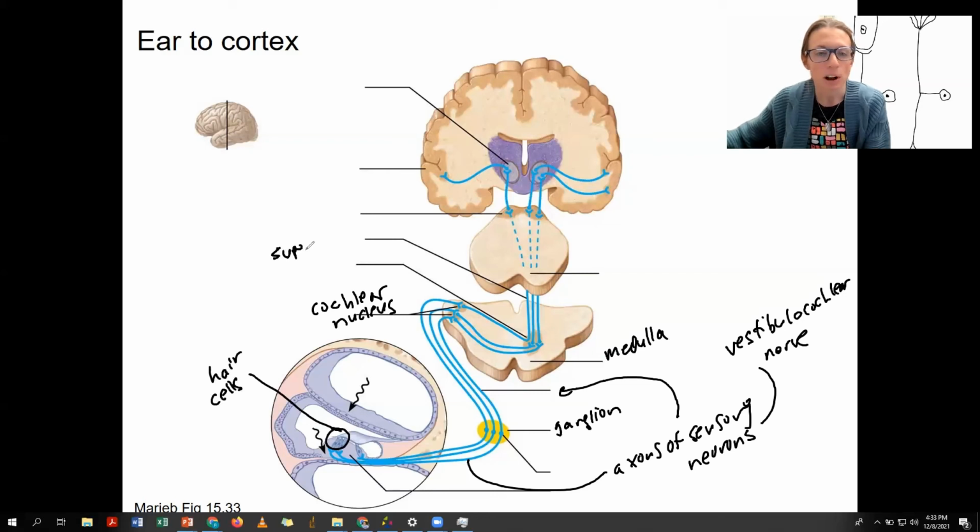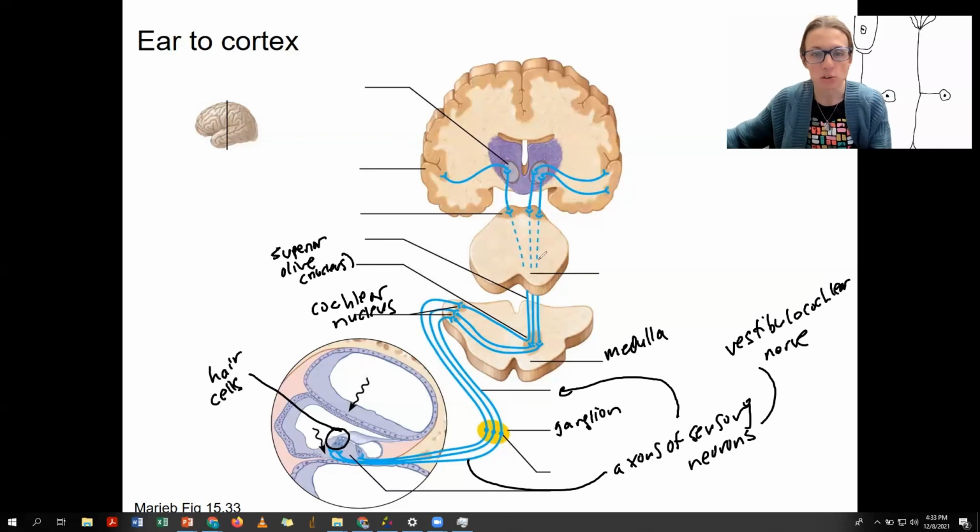This is the superior olive, another nucleus, olivary nucleus. This is right at the pons and medulla junction. So it actually is a little bit more superior than the cochlear nucleus. So it's a second synapse. Actually, it's a third because it got ganglion 1, 2, 3.